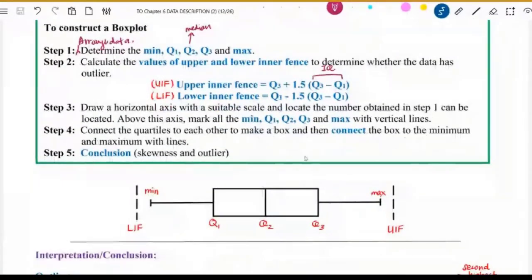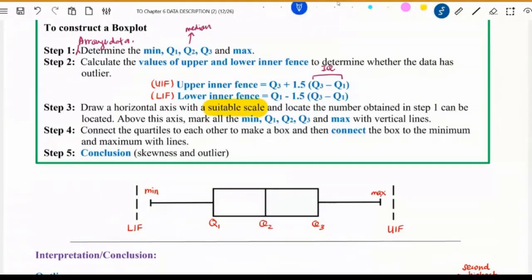So you have to connect your quartiles to be a box, and then from the minimum to quartile 1 with a line, and then third quartile to the maximum with a line. And then the LIF and also UIF we will put as dotted lines. Okay, so the scale here means a suitable scale, it represents this line.